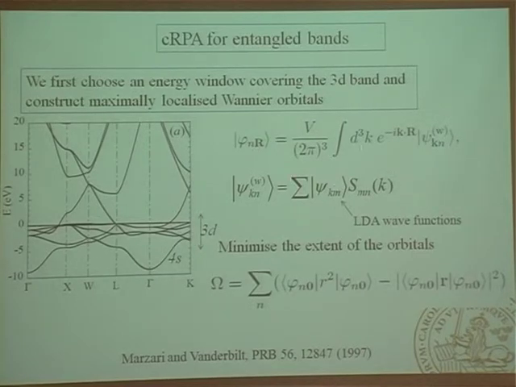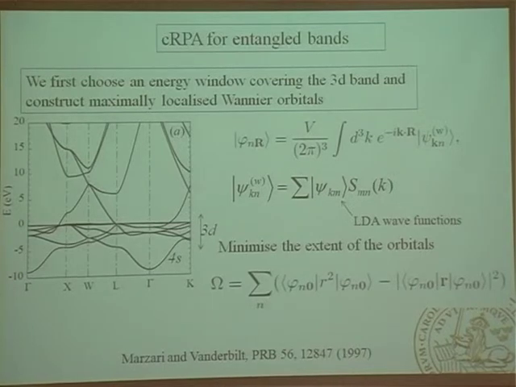So again, we use the procedure of Nicola Marzari and David Vanderbilt. So we have a well-defined procedure for doing this. So you construct the Wannier orbitals with the 3D character. So this procedure is well defined.